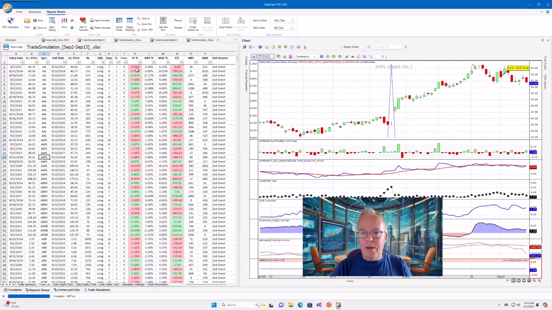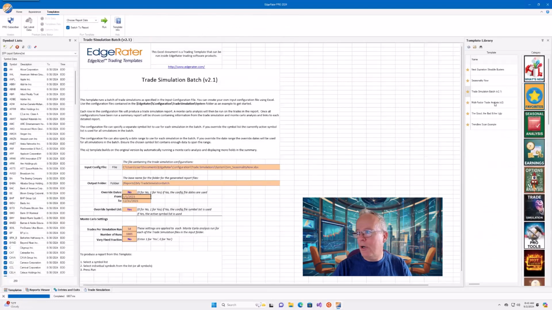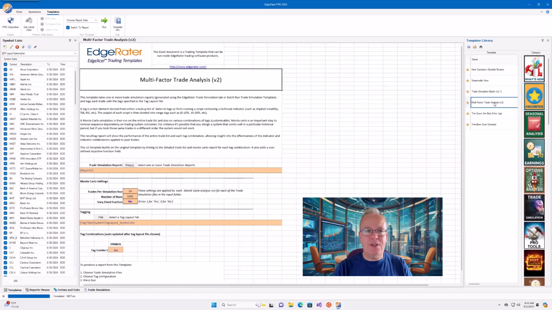But a bonus way of working with this is to use our multi-factor analysis and tag those lists by symbol. That gives you a much richer set of information. So I'll go ahead and do that.